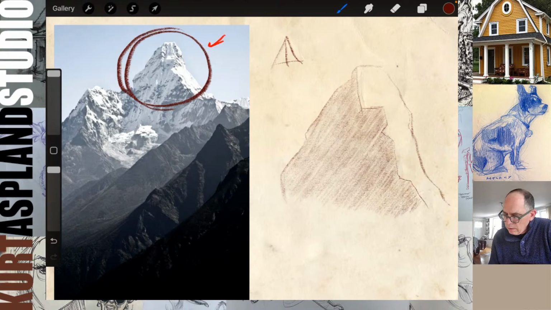Okay, now I'm going to go into this area here that's in the sunlight, and I'm just going to add the shape of some of these other shadows that I see. Same value.